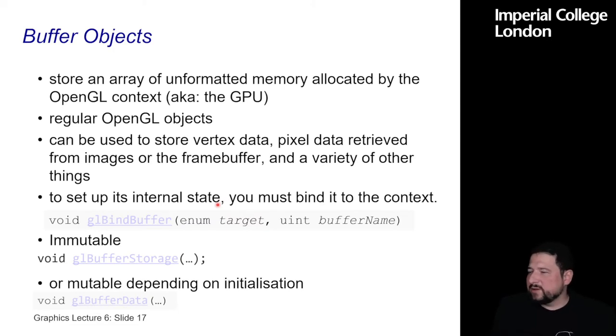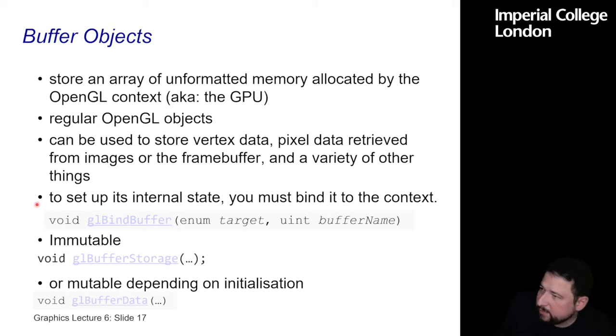So buffer objects, I already said, these are objects in which you can store memory, anything you need, and can be, for example, used to store vertex data or any data retrieved from images or frame buffer. So if you have loaded your whatever object model, you can put your vertex data directly on GPU memory and define a buffer like this.